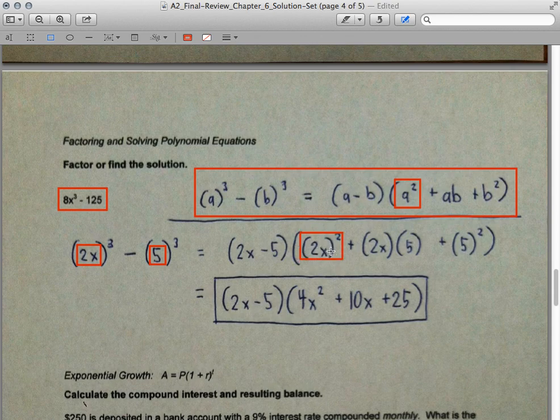So notice the parentheses. It is 2x, the whole value, squared, which produces 4x squared. And the same is true for our b value. In this case, it is simply 5, and 5 squared is 25. But we want to be careful and understand what those base values are and how to apply them to this factoring pattern.